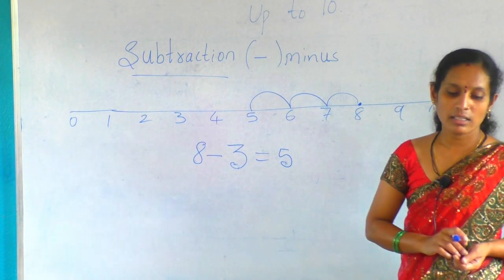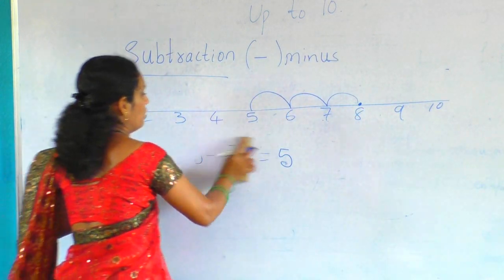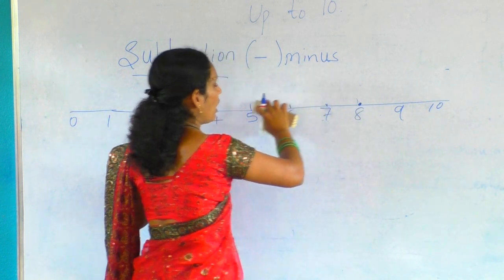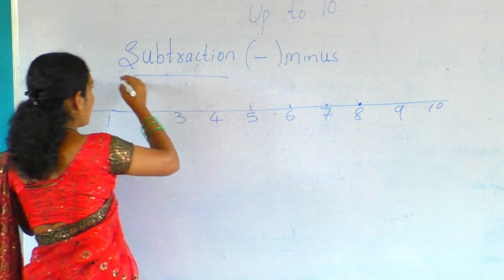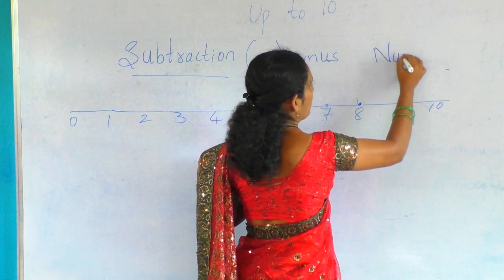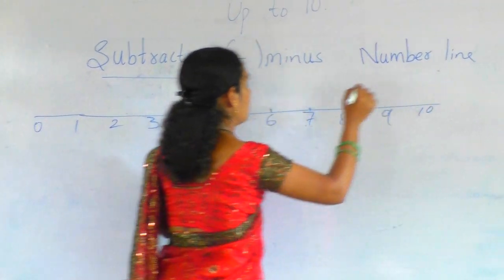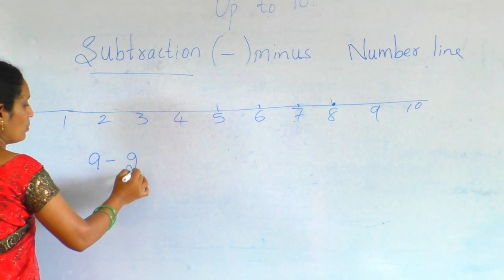Next, the next number is 9 minus 2. You have to subtract 9 minus 2. I want to show you another method of subtracting by a number line. This is a number line. See, 9 minus 2.